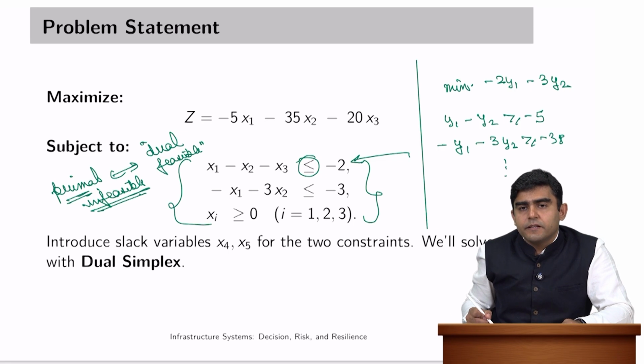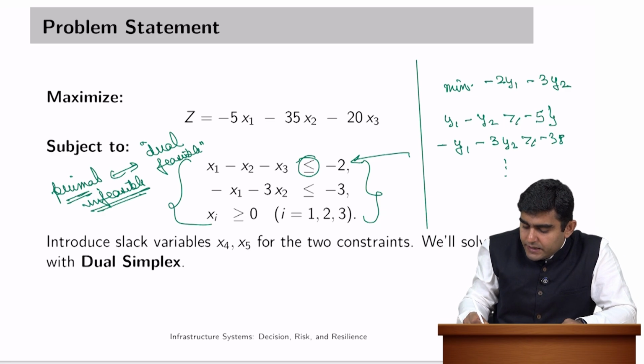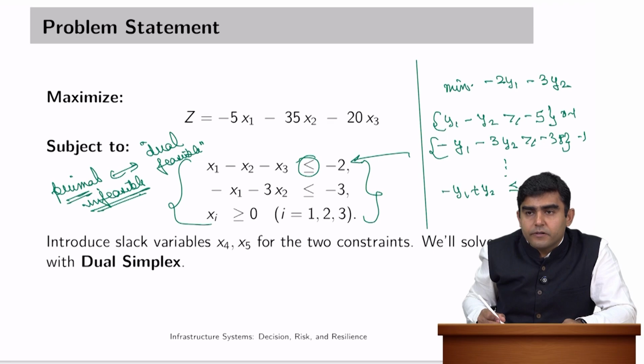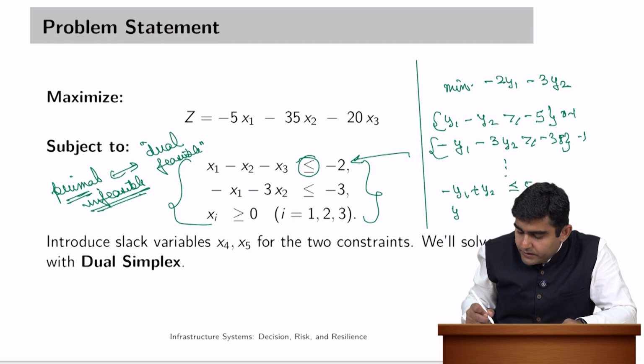Now, if I multiply both sides of each by minus 1, I get minus y1 plus y2 less than or equal to 5, and y1 plus 3y2 less than or equal to 35.